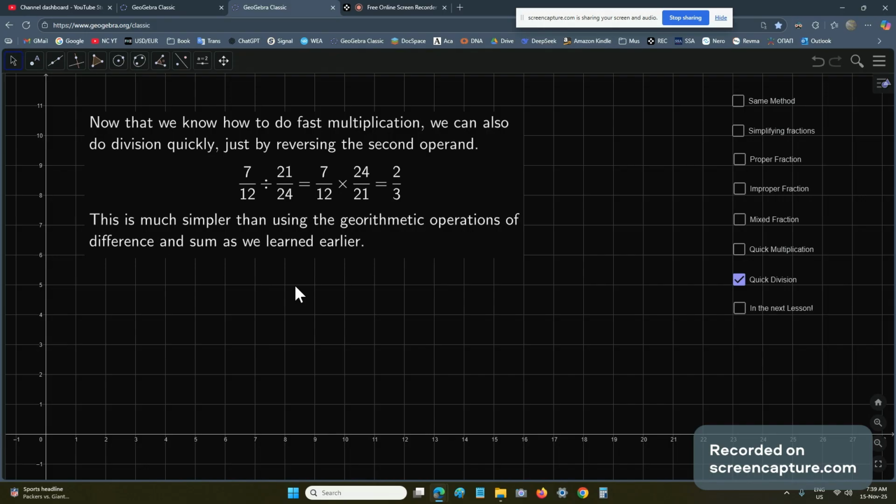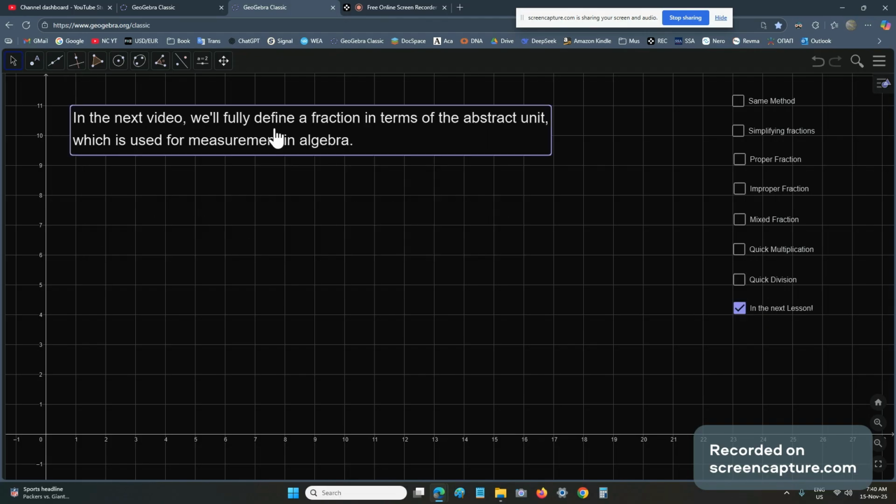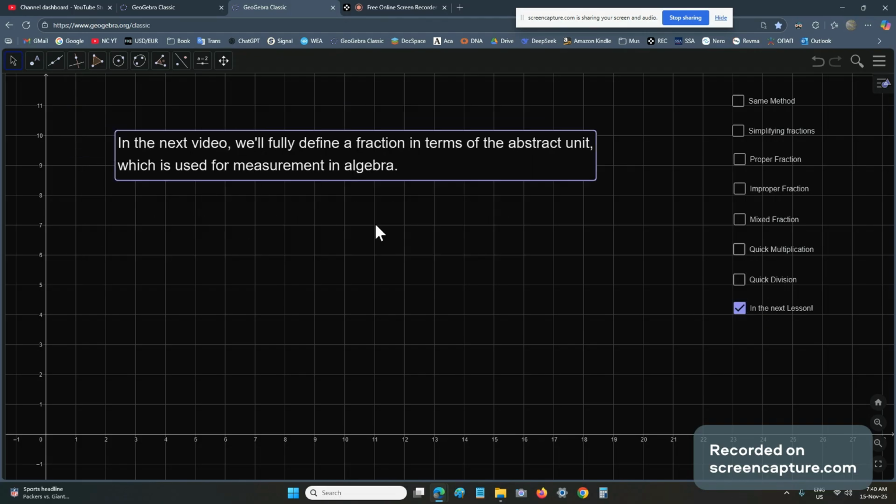So I've given you a lot in this video, a lot to think about. You have to basically go over these things very slowly, think about them, and in the next lesson, what we'll be covering is how we define a fraction in terms of the abstract unit. Now, this is how it's used in algebra, in the measurement in algebra.